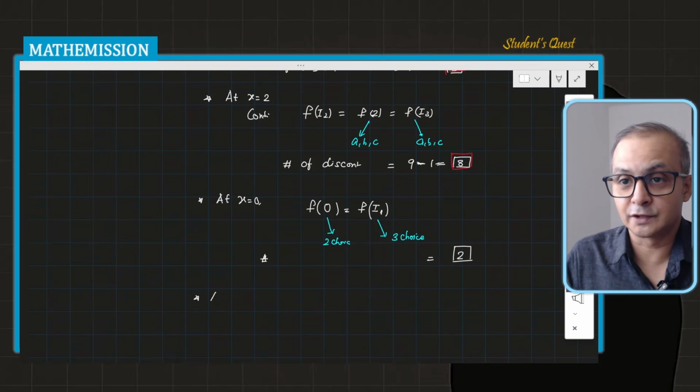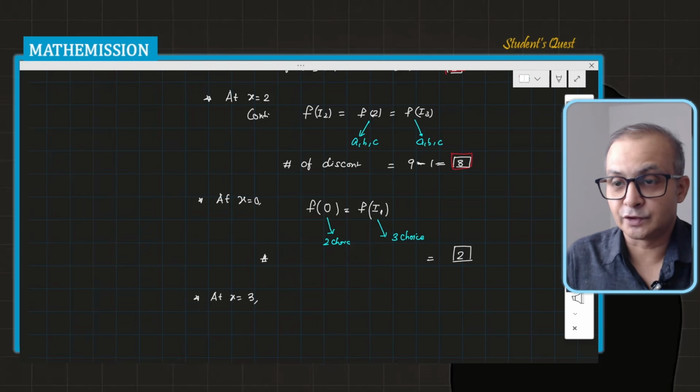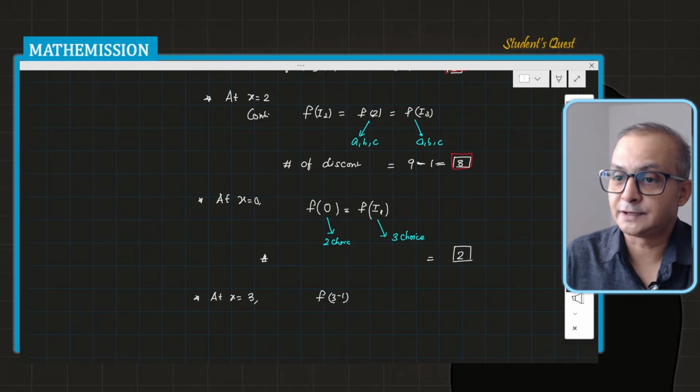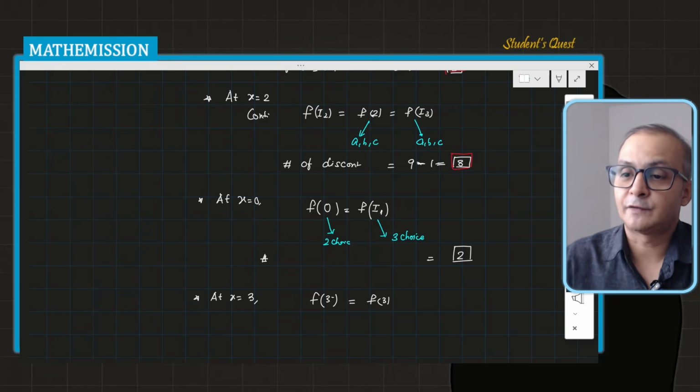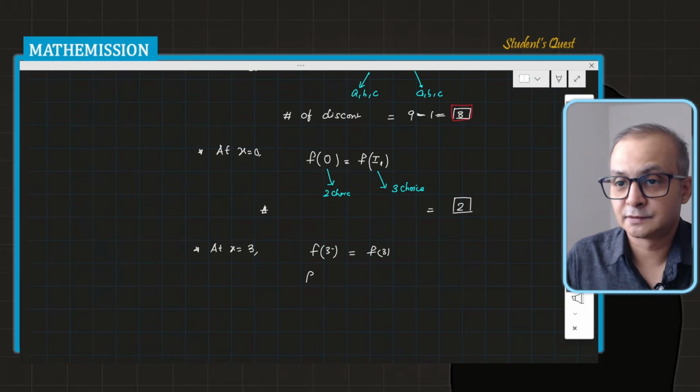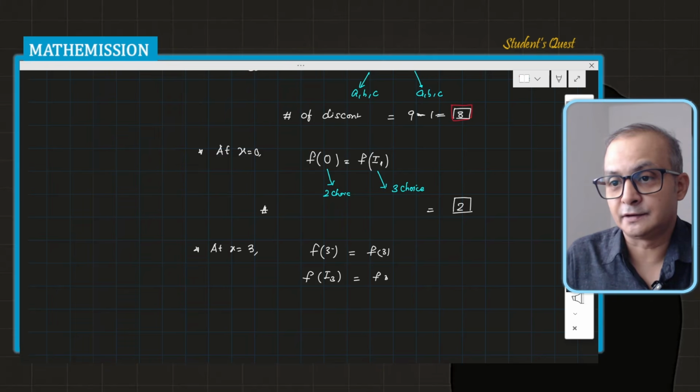Similarly, we go for the last end, x equal to 3. So x equal to 3 means f of 3 minus must be equal to f of 3. f of 3 minus is nothing but our f of I3, and f of 3 is there.